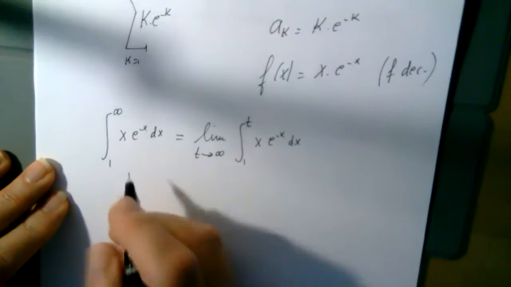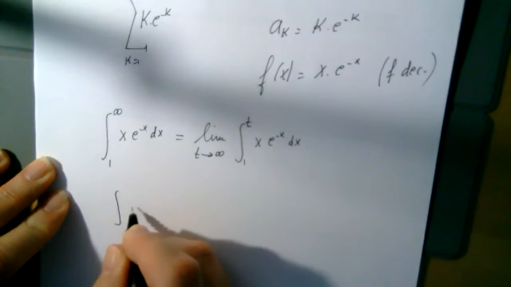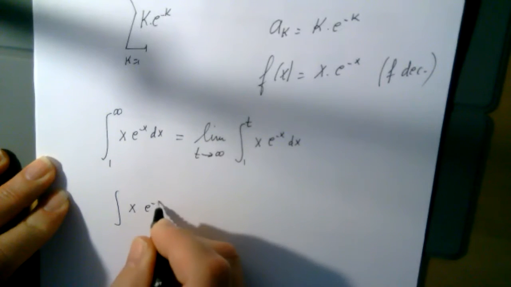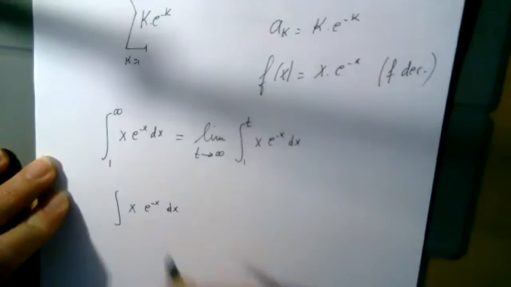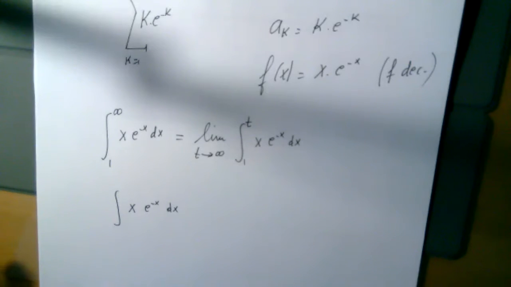So let's do that. How can I find the antiderivative of x e to the minus x? Okay. All right, I need answers. How do you find the antiderivative? Okay, I'm expecting an answer. Try by parts.